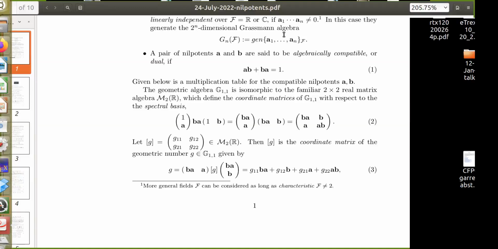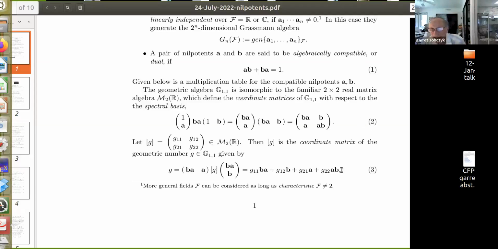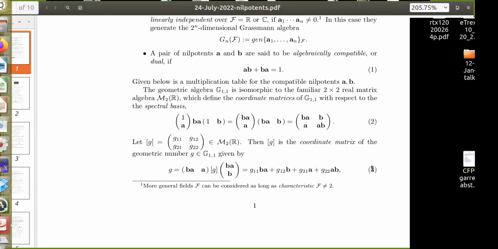Okay, but your equation number 2, the spectral basis. When you write that out, I found that a little raw, maybe. I don't understand why you write this spectral basis in this way. Look at equation number 3.